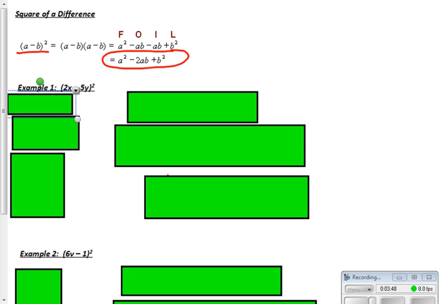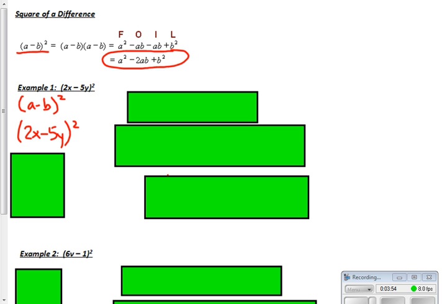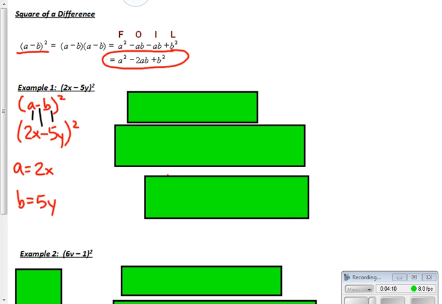So again, first thing I'm going to say is (a - b) squared. Here's what we have there. We have 2x for a, and we have 5y for b. Everything aligns like this, even my minus sign. So we're not going to say that b is a negative 5y. We're going to plug things in.